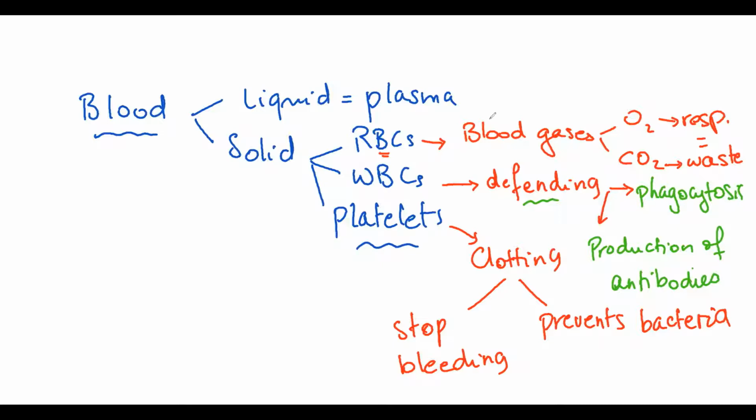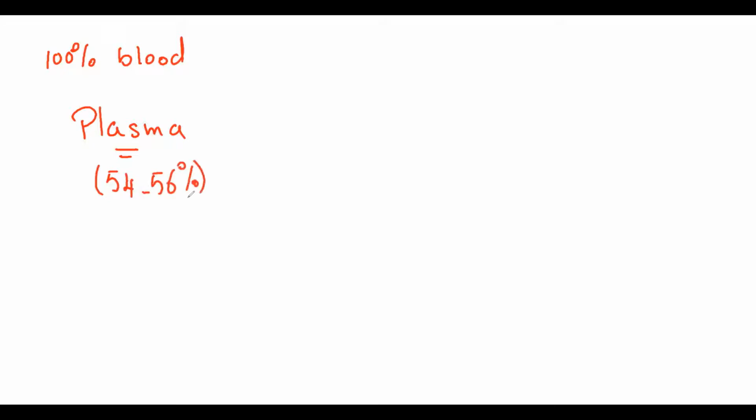But what about the plasma? Let me take the plasma in a separate board. Plasma forms most of the blood. If I have 100% volume of blood, the plasma forms 54 to 56% of the total blood volume.